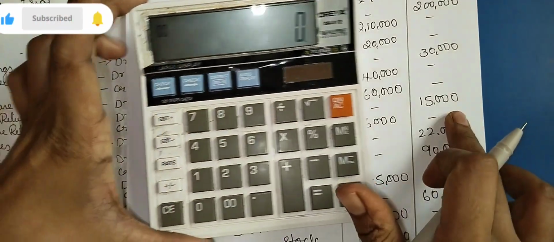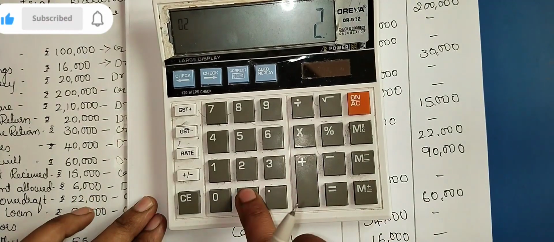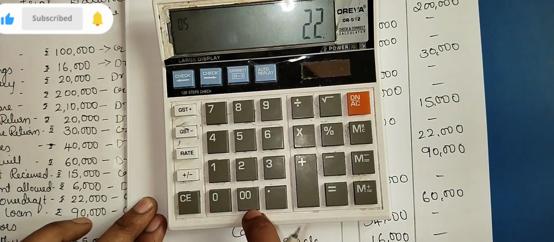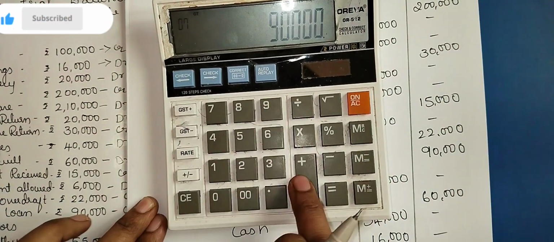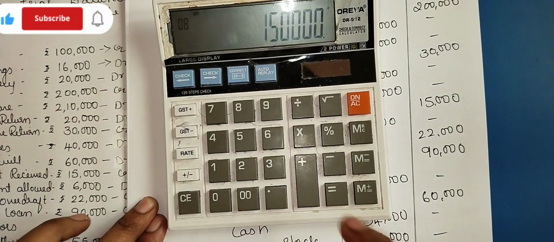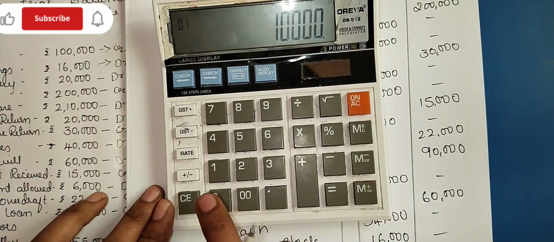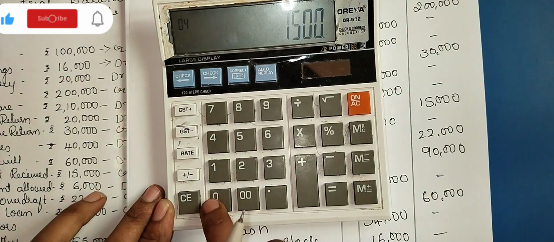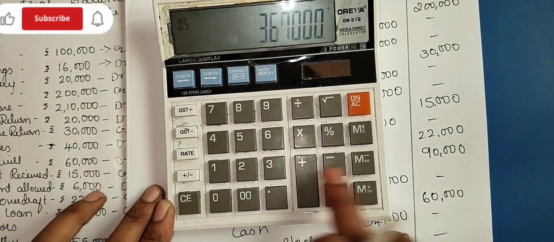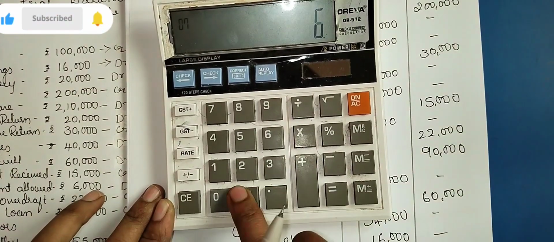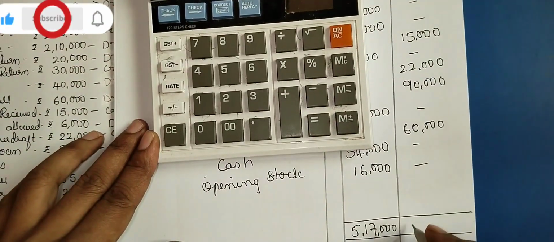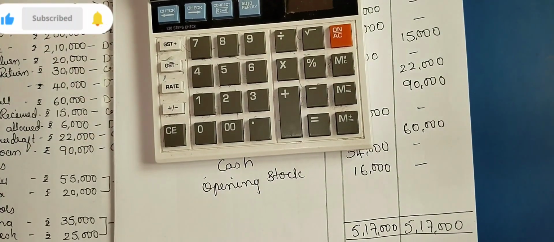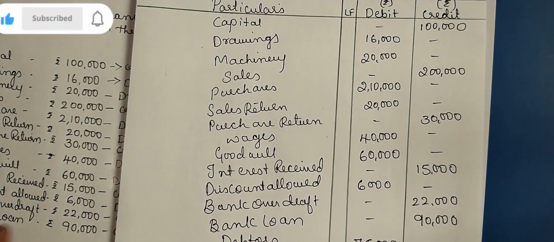We'll check our credit side also: 1 lakh, 2 lakh, 30,000, 15,000, 22,000, 90,000, 60,000. Right? 5,17,000. Both the sides totals are tallied. So balancing is correct.